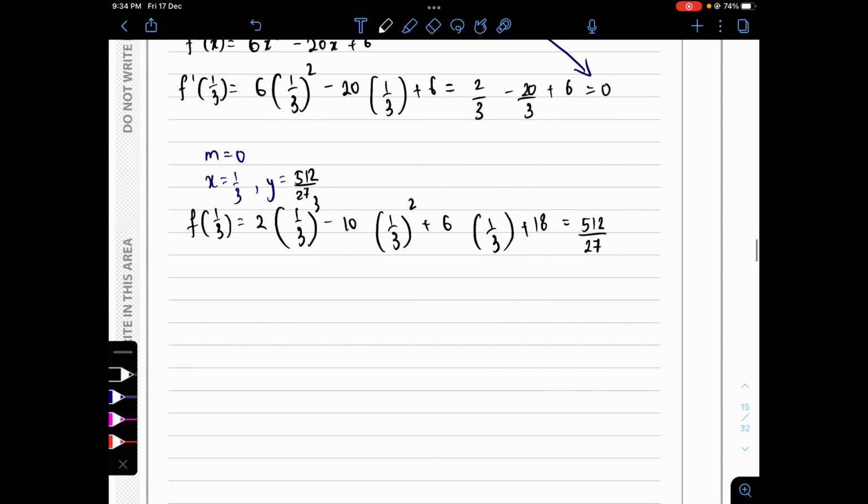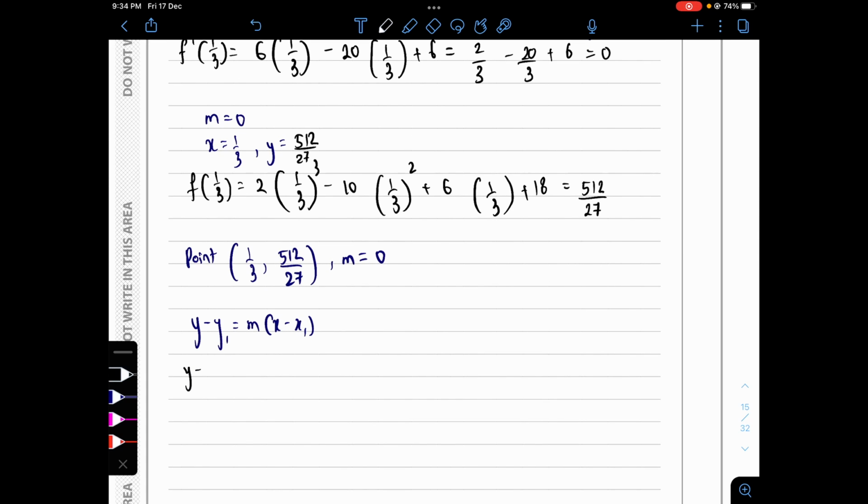Alright, so now we have the point at a third, 512 over 27, and we have our gradient as 0. So now we can use the equation y minus y1 equals m bracket x minus x1, and we just input the values.